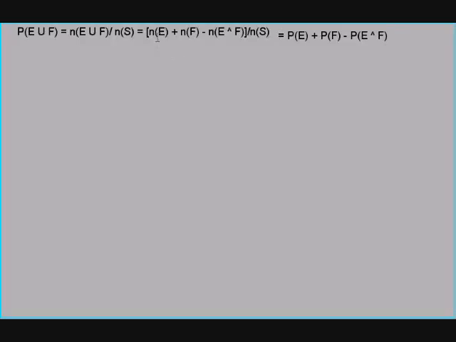Okay, what did I do here? This is a big fraction: number of elements in E plus number of elements in F minus number of elements in E intersect F, divided by the entire sample space. I break this up as this over this plus this over that minus this over that.